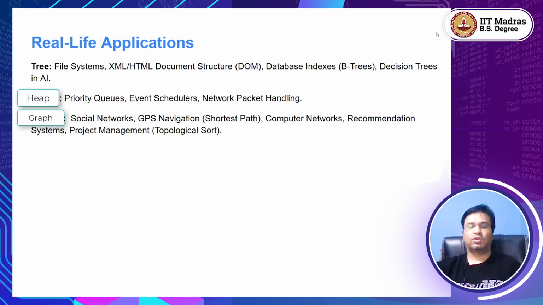Project management for topological sort. If you have a list of tasks where some tasks depend on another task, like build walls depends on lay foundation, topological sort can give you a valid order in which to complete these tasks.